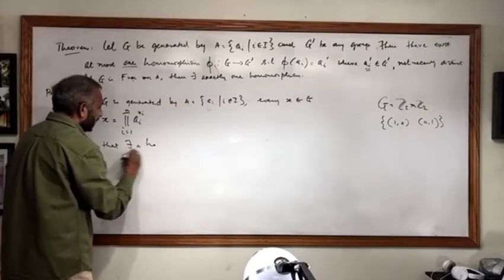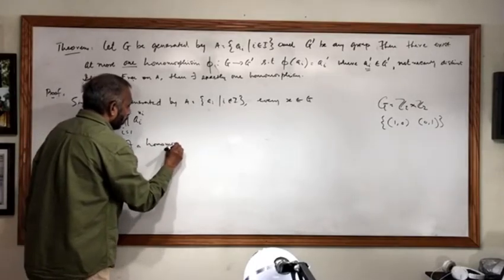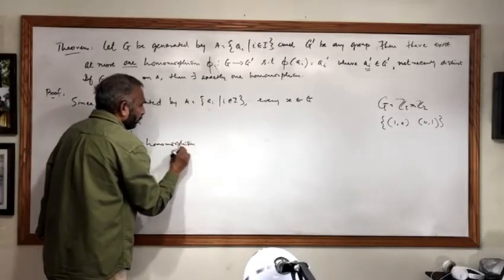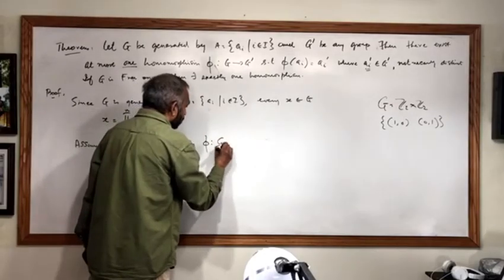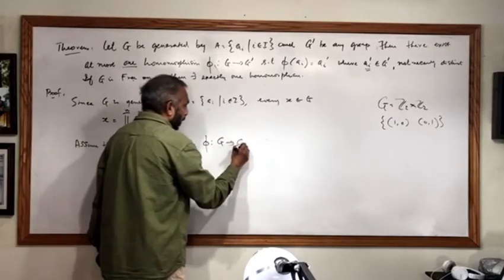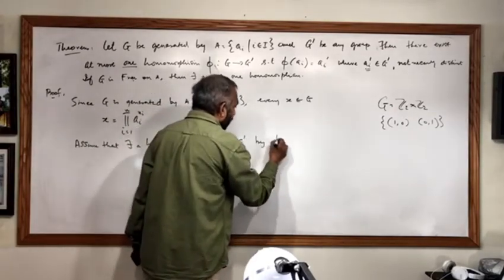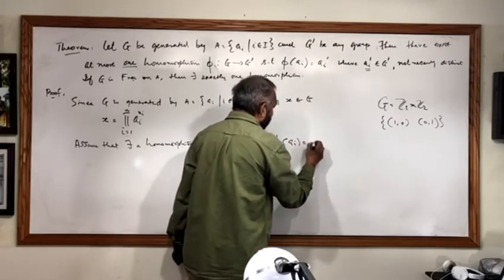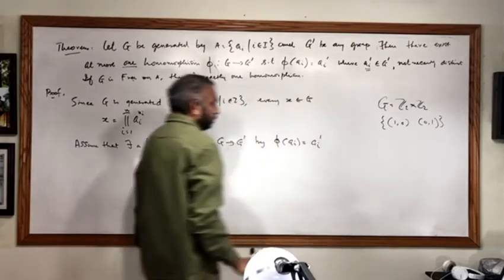Suppose there exists a homomorphism phi from G to G prime with phi of a_i equal to a_i prime.